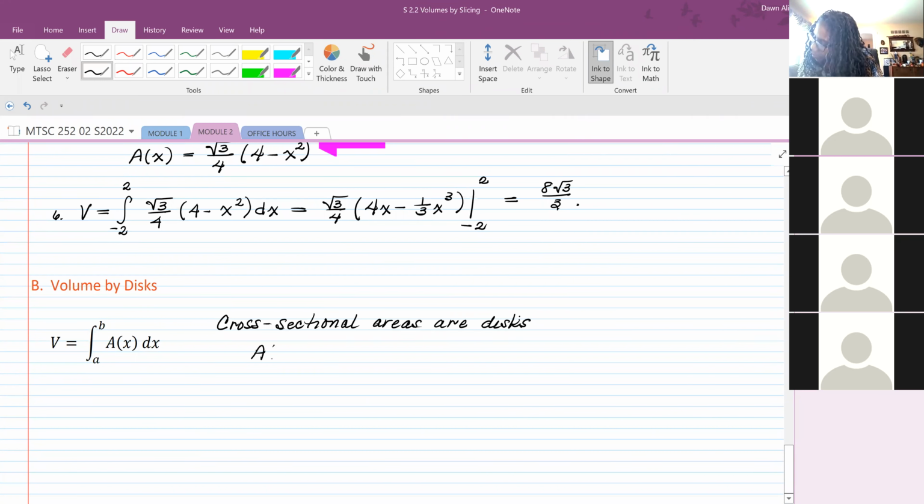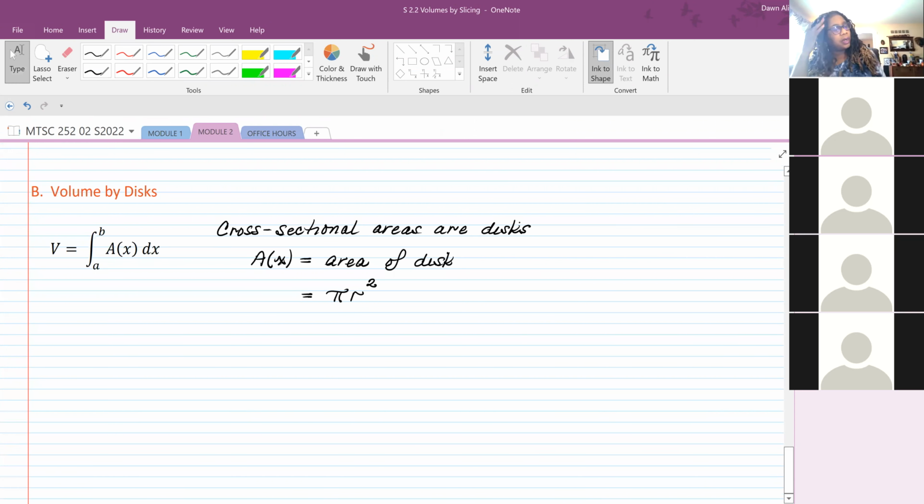So A of x is the area of a disk. And what is that? What's the area of a disk? Pi, pi what? Pi r squared. Yeah. Okay. So the area of a disk is always pi r squared. So what we have to do is identify the radius. Once you get the radius, then you know what A of x is, find your limits of integration, do your integral, and you're done.